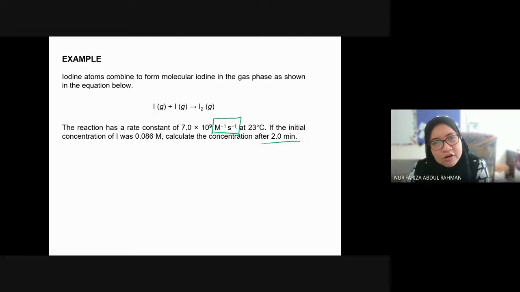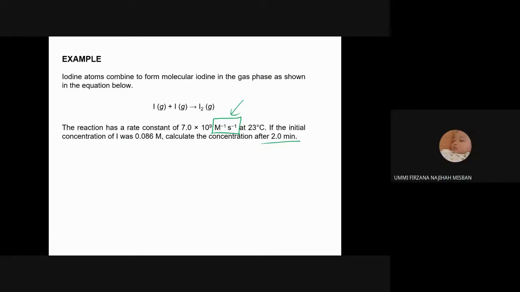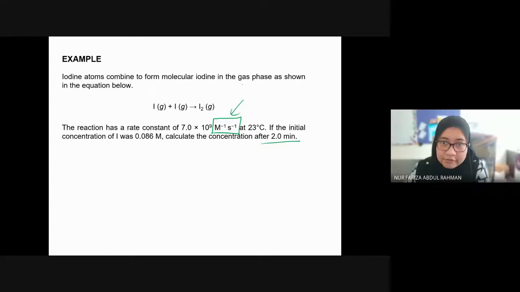Okay, so what is the order of this reaction based on the unit of the rate constant, guys? Second order. Okay, very good. So it is a second order reaction. Siapa yang masih tak ingat lagi tu, pergi buka notes.